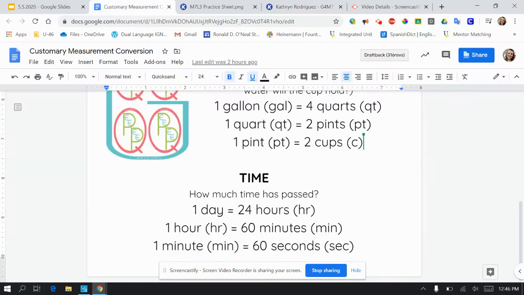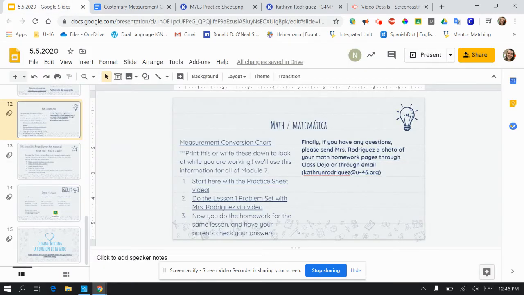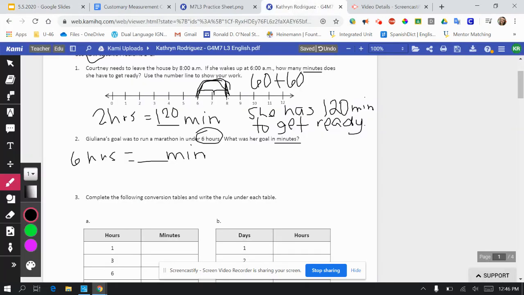Now, at any time that you don't know any of these measurement conversions, you might go over to your measurement conversion chart, whether that's on your computer or it's written down, and check. So for this one, we need hours to minutes. 1 hour equals 60 minutes. Oops, wrong page. Going to this one.